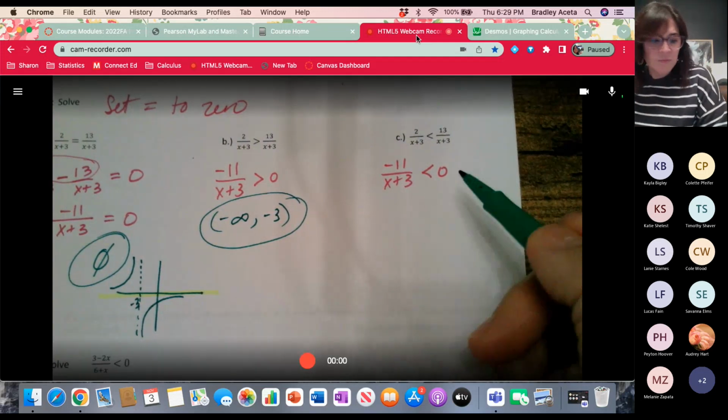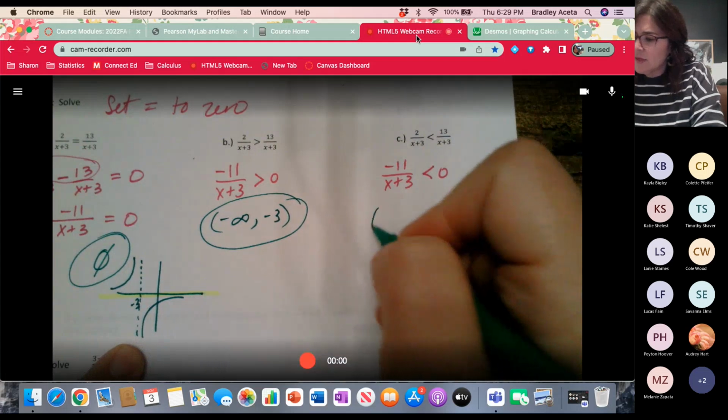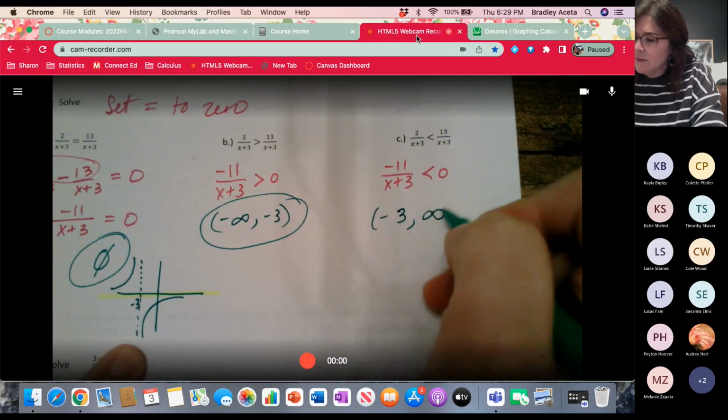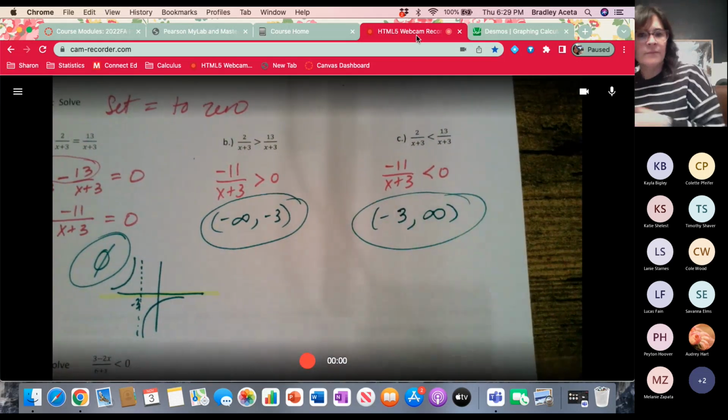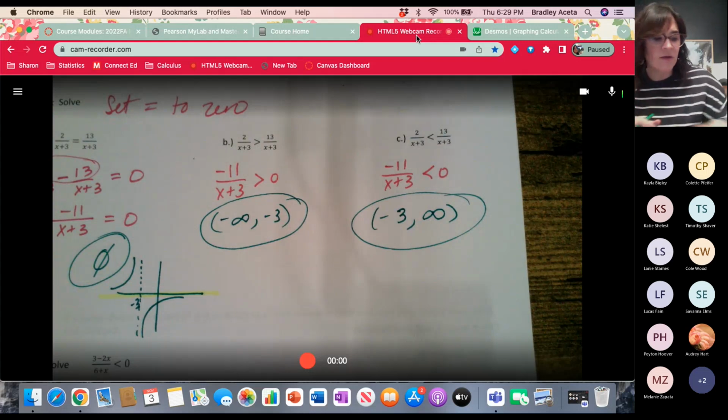What about this one? Well, this would be below. So where's it below that yellow line? It's right here from the asymptote to infinity, from -3 to infinity. So I think it's easier to do that problem this way. Set them equal to 0, then greater than 0, then less than 0, and look at the graph. That's much, much easier.